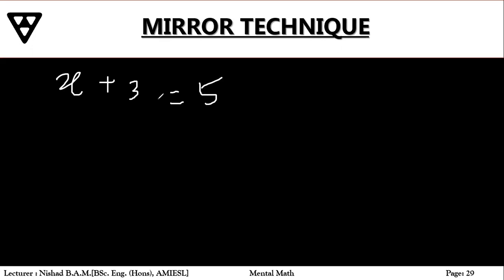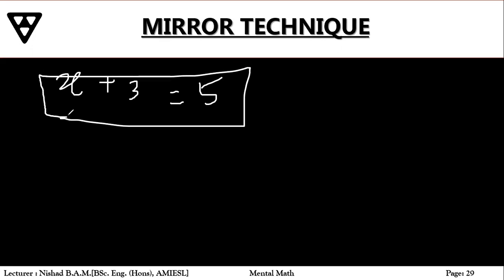So this is an equation. In this equation, the unknown parameter is x, right? We have to solve this equation for x if we are going to calculate that x, right?